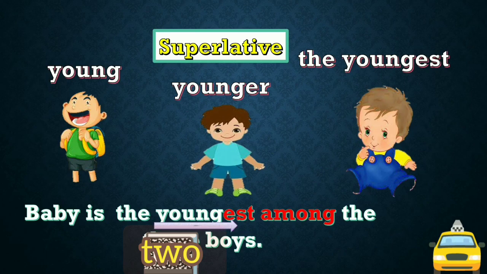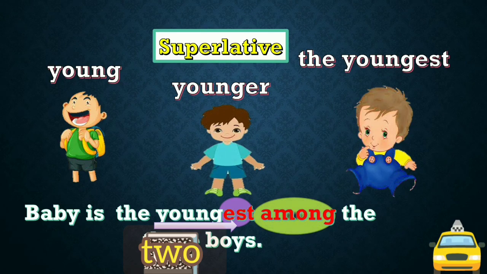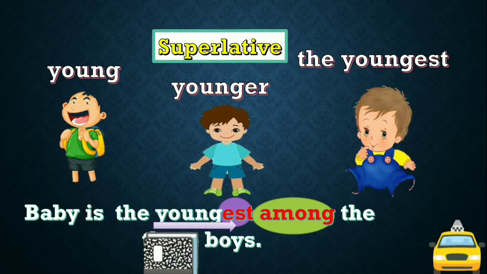Where is the adjective? Youngest. Add est because it is superlative. Where is the word clue? Among. How many boys are compared to baby? There are two. So it is superlative. Am I right?